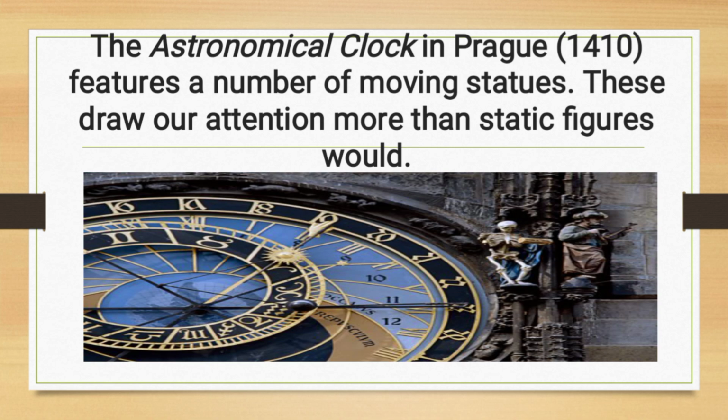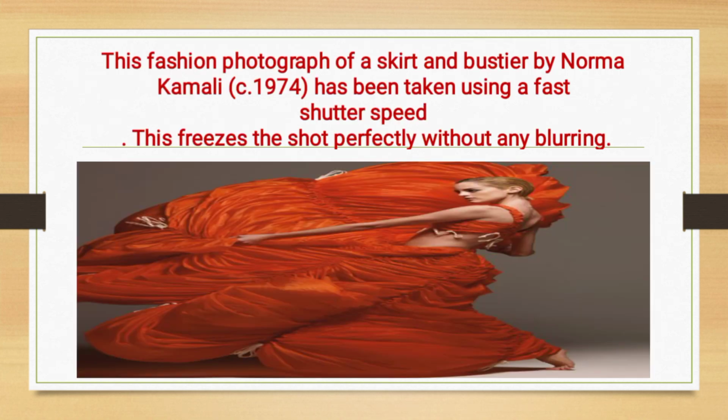This is showcasing movement. We also have here a fashion photograph of a skirt and bustier by Norma Kamali in 1974. You can look at this work: the lady is wearing a red skirt that is being blown. It has been taken using a fast shutter speed.